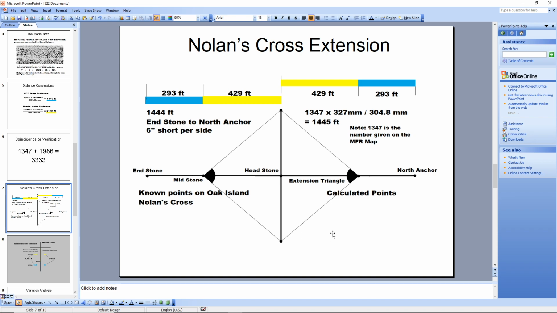So this is the relevance of the 1347 number. It is telling you to take the midstone, extend, flip it over, so you have these two distances, and then when you get to here, this will correspond to the map of the north anchor.